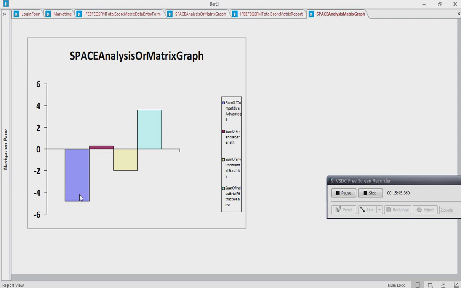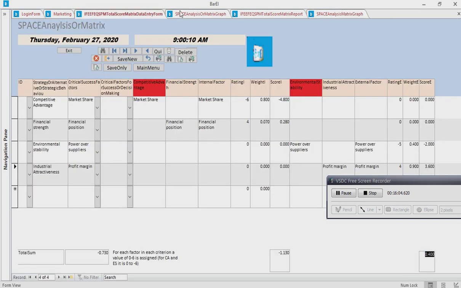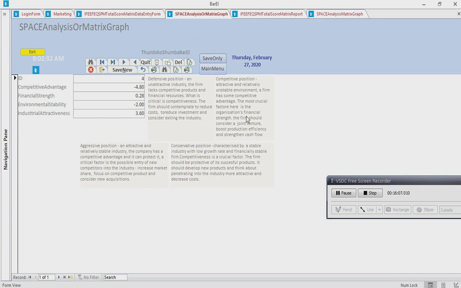And what it means is that the approach we have to take should be the one in relation to competitive advantage, and by looking at this, you can see that the aggressive position is the viable position to take.